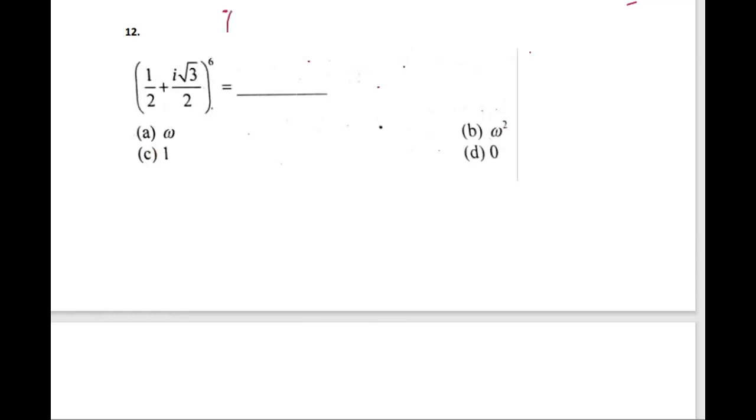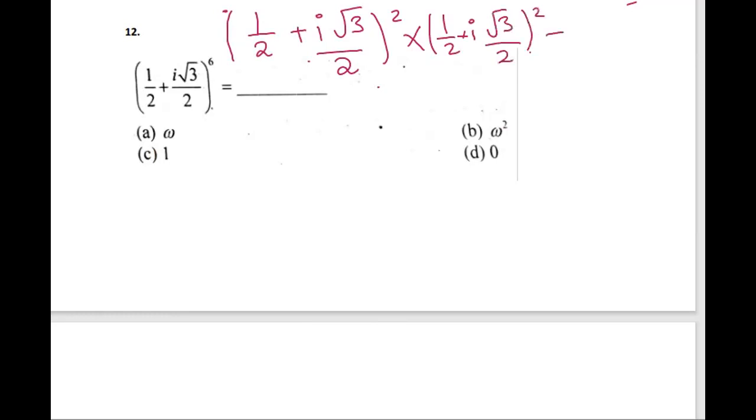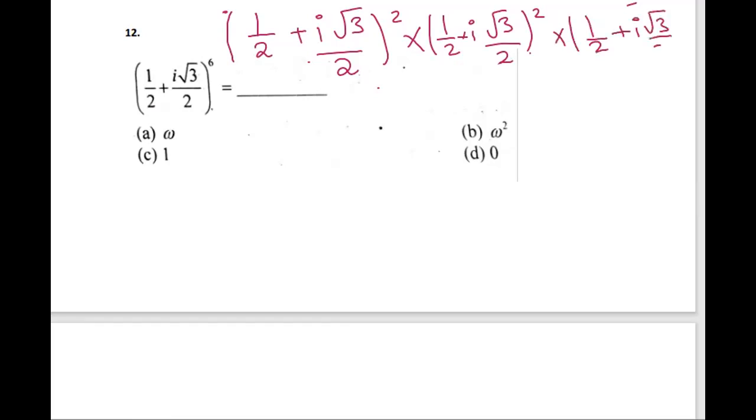I can write it as 1 by 2 plus iota root 3 by 2 to the square, into 1 by 2 plus iota root 3 by 2 to the square, into 1 by 2 plus iota root 3 by 2 square.